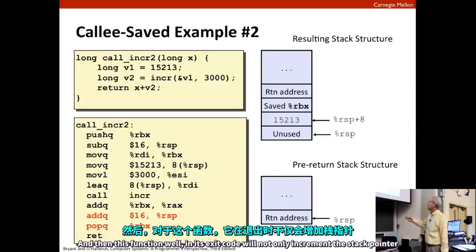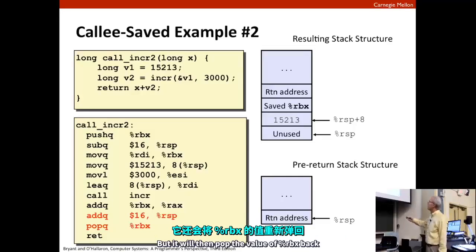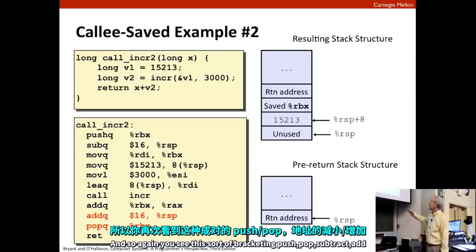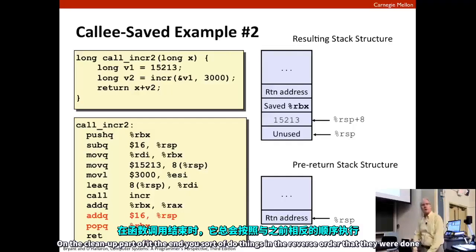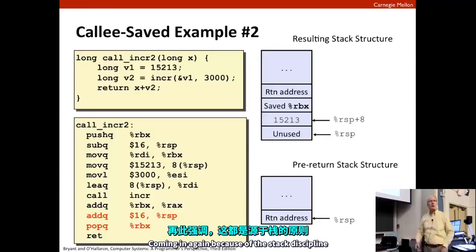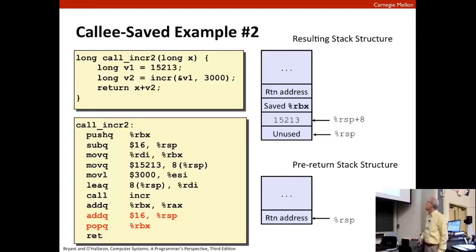And then this function, in its exit code, will not only increment the stack pointer, but it will then pop the value of RBX back. And so again, you see this sort of bracketing: push, pop, subtract, add. You'll notice that in the cleanup part at the end, you do things in the reverse order that they were done coming in, again because of this stack discipline.